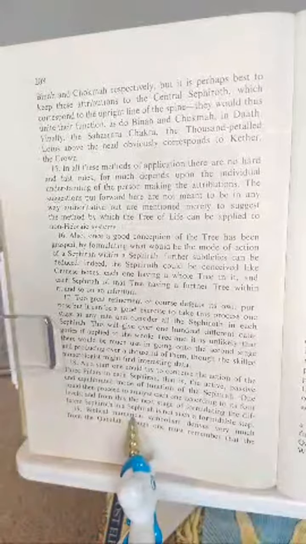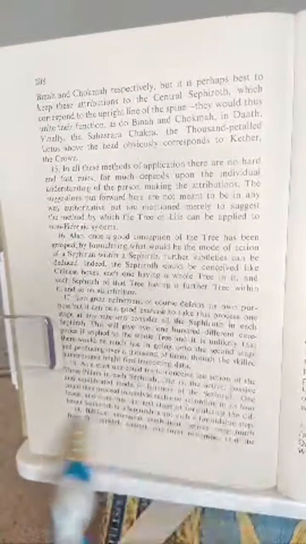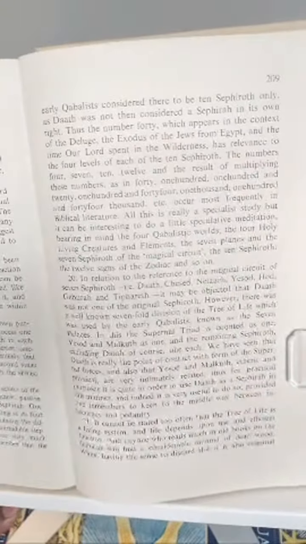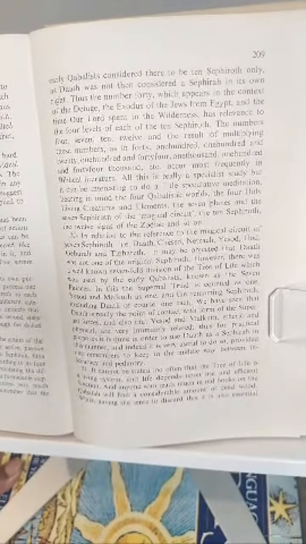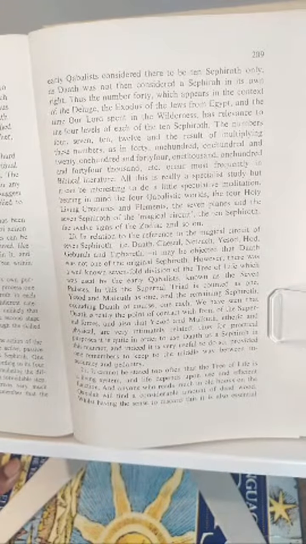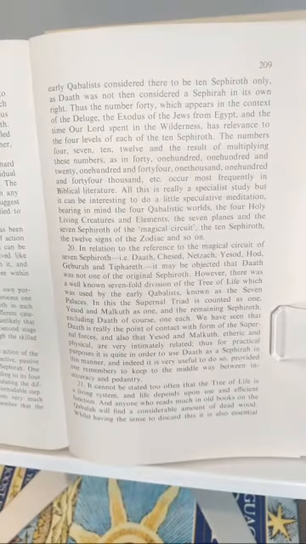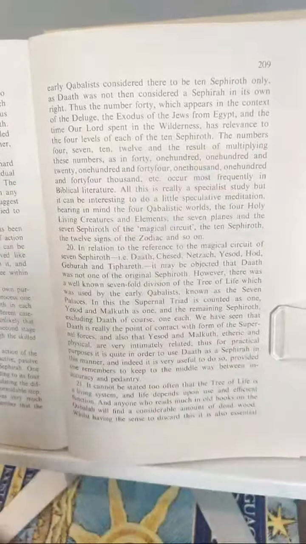19. Biblical numerical symbolism derives very much from the Kabbalah, though one must remember that the early Kabbalists considered there to be 10 Sephirah only, as Daath was not then considered a Sephirah in its own right. Thus, the number 40, which appears in the context of the deluge, the exodus of the Jews from Egypt, and the time our Lord spent in the wilderness, has relevance to the 4 levels of each of the 10 Sephirah.